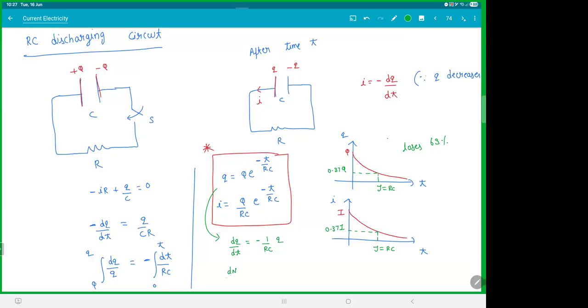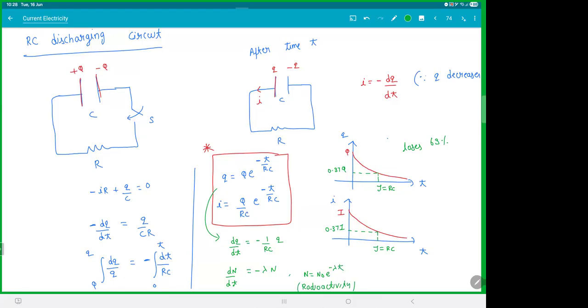This guy looks like dN by dt is equal to minus lambda N. Can you see this? Chemical kinetics, first order reaction, radioactivity. And what was the result for this? N is equal to N naught into e power minus lambda t. This is the law of radioactivity. So in place of lambda we have 1 by RC.